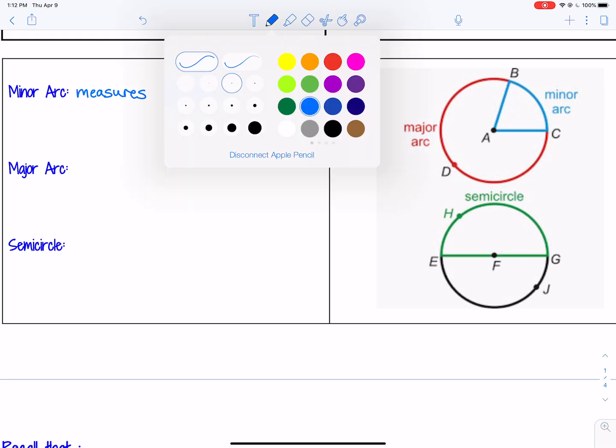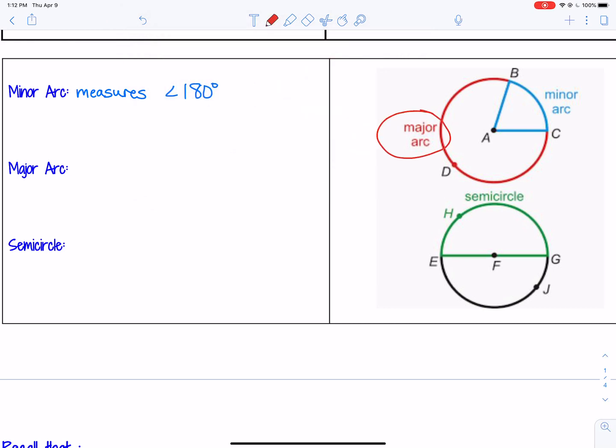A major arc, that's pictured in red, so I'm going to use red to write this out, is an arc that measures between 180 and 360. So between 180 degrees and 360 degrees is a major arc.